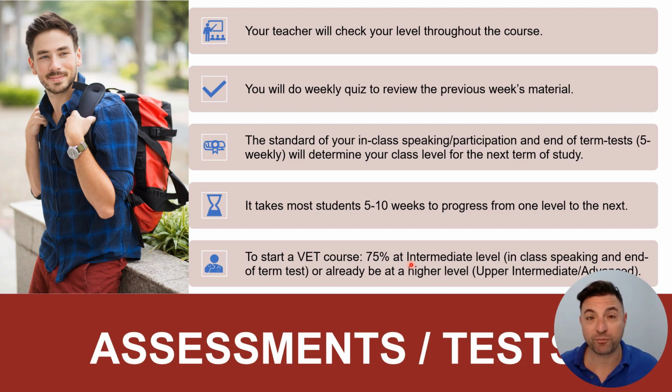So if you've tested at that level before you've come into SELA, then you're ready for VET. And if you've progressed through the levels and you find yourself sitting in an upper intermediate class or even an advanced class, then you're ready to study at our sister college, SBTA.